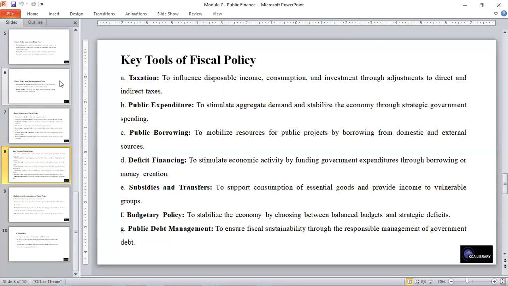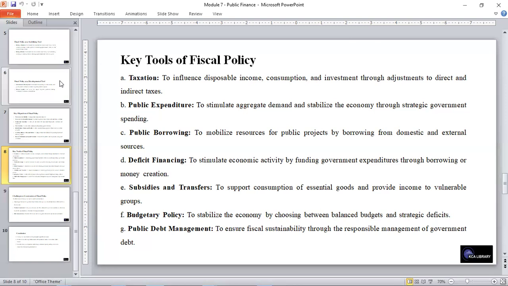For public expenditure as a key tool, it serves as a stimulant. It stimulates aggregate demand and stabilizes the economy through strategic government spending.